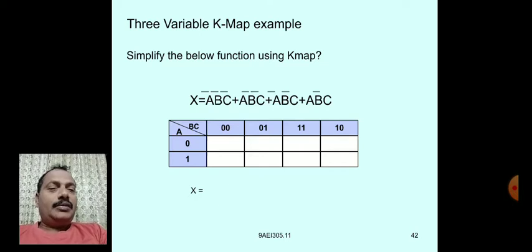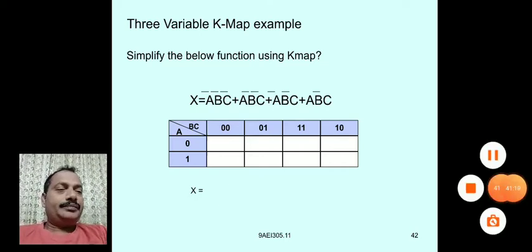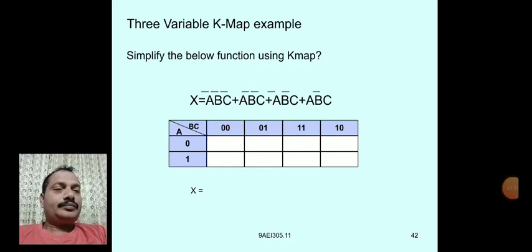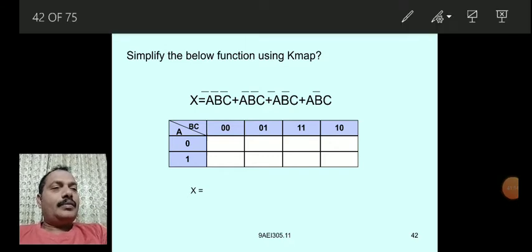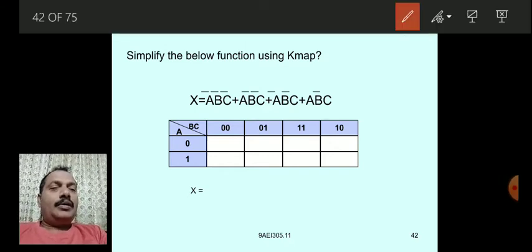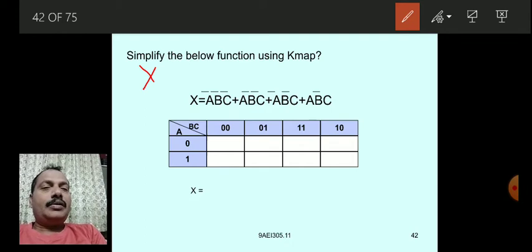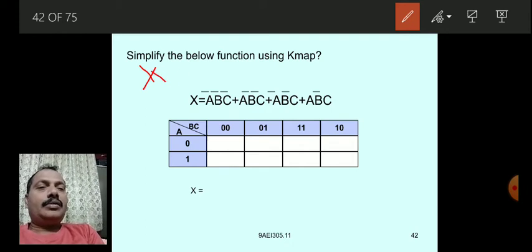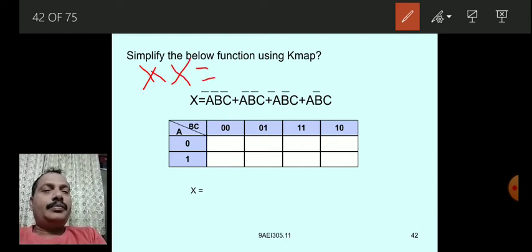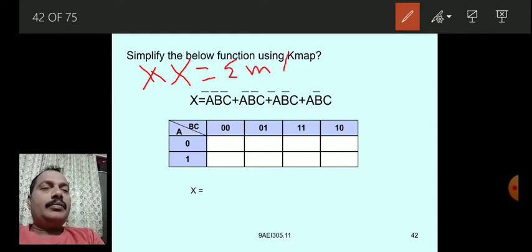So first, what you have to do is write the expression X like this: X equals sigma m.